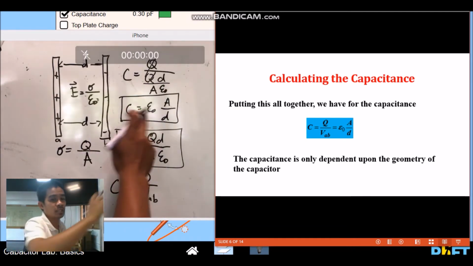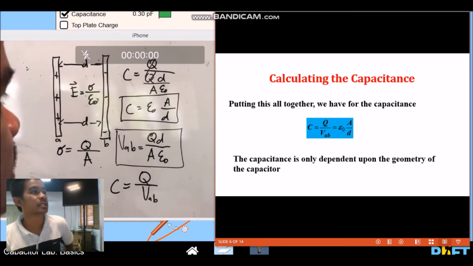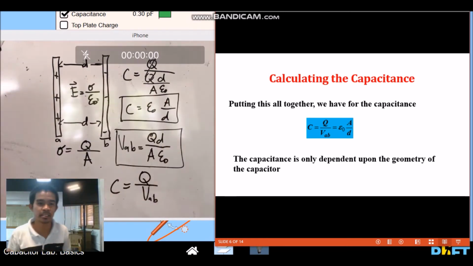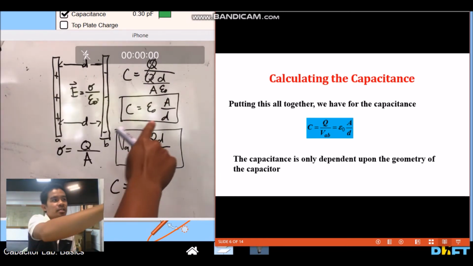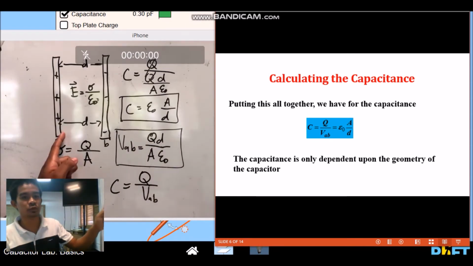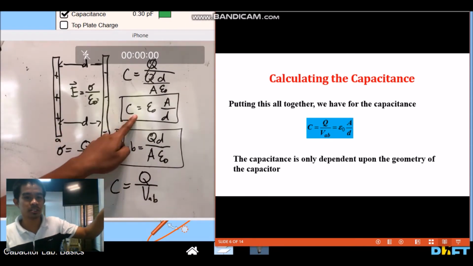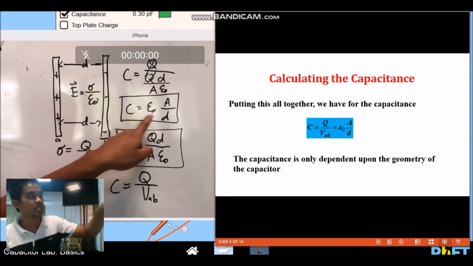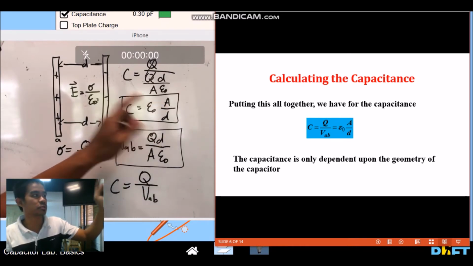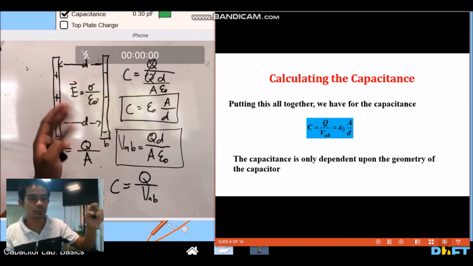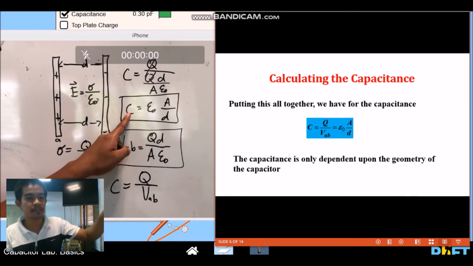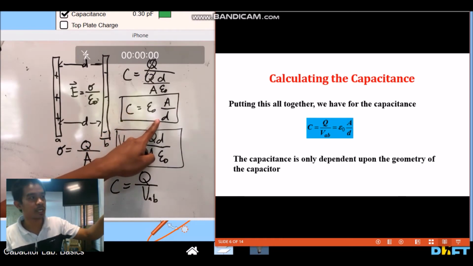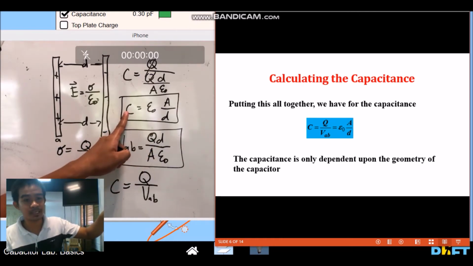The permittivity of free space, which is constant, times the area over the distance between these two plates. So as you can see in the equation of capacitance, capacitance is directly proportional to the area of either of these two plates, but inversely proportional to the distance.